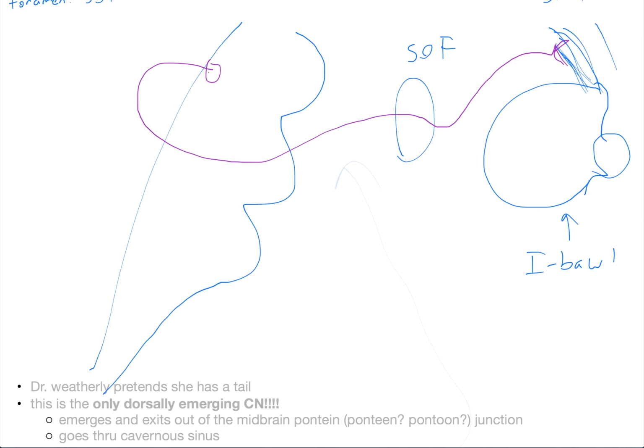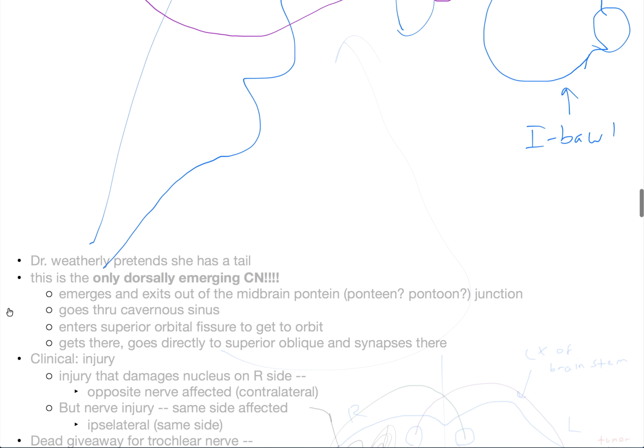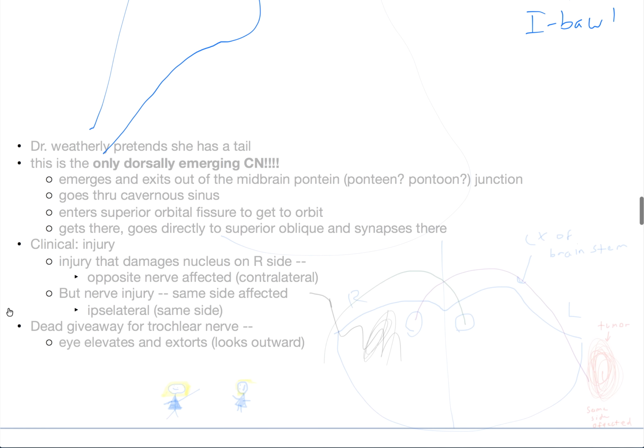So it exits out the midbrain-pontine junction, comes forward, goes through the cavernous sinus, and then enters the orbit through the superior orbital fissure. Okay, the cavernous sinus is kind of like a black box right here. We'll talk about it in a little bit.